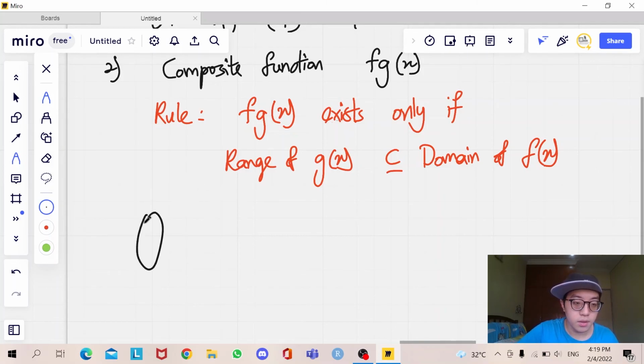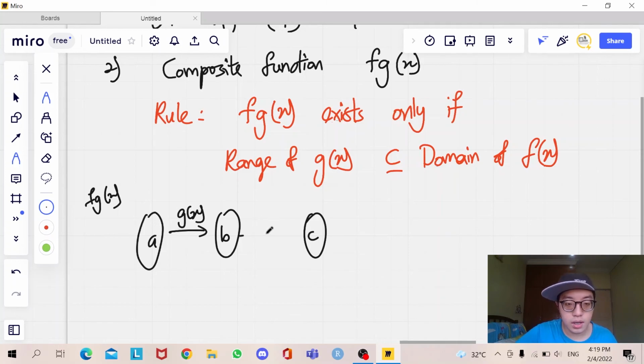So you know that from A to B to C, this is fg(x). From A to B you go through g, and then from B to C, you go through f(x).